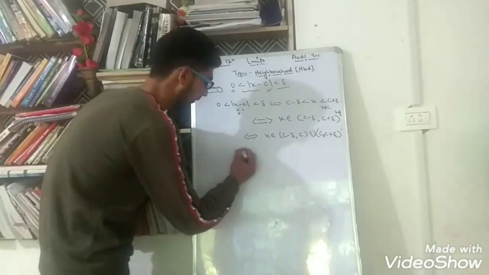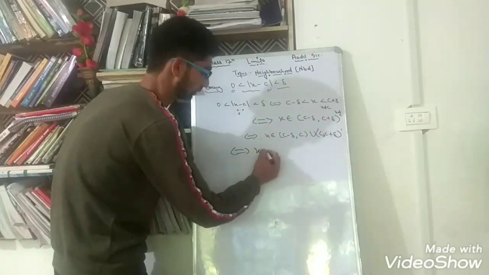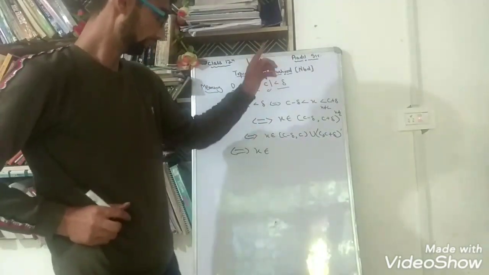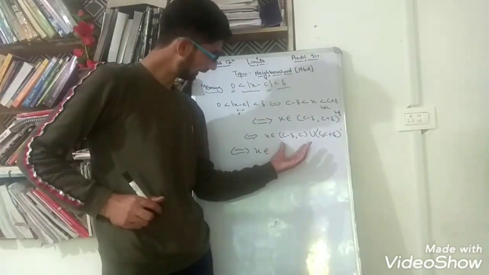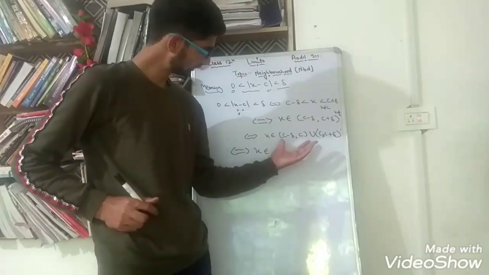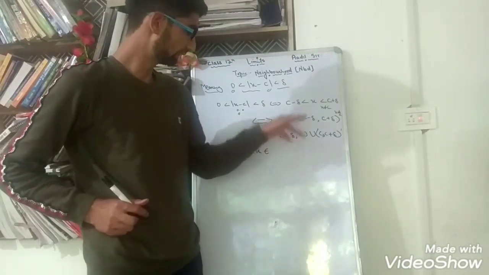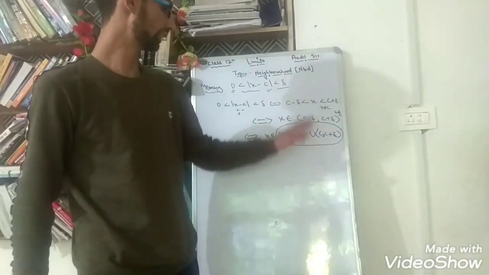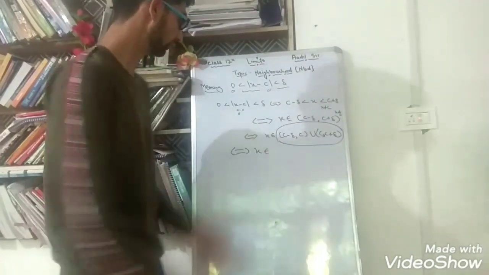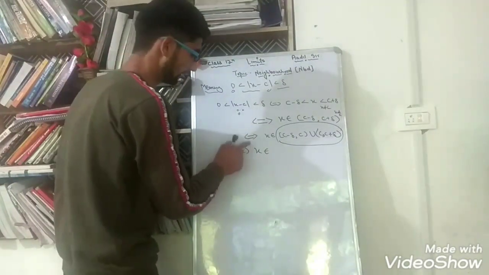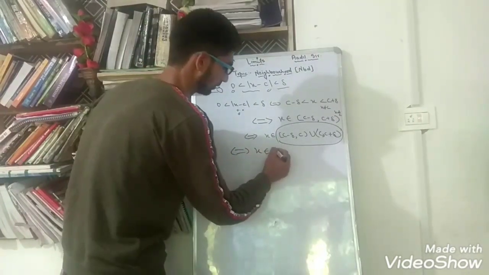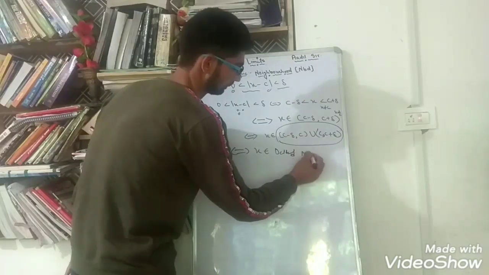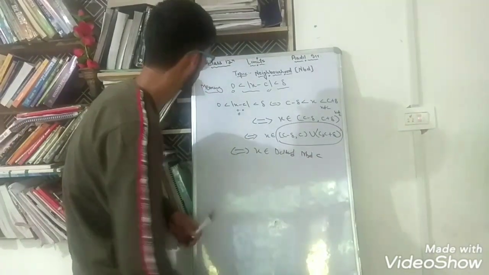So if and only if x belongs to, when we analyze it, I think it is actually the deleted neighborhood of c. So this condition is satisfied if and only if x belongs to the deleted neighborhood of c. So our first meaning is here.